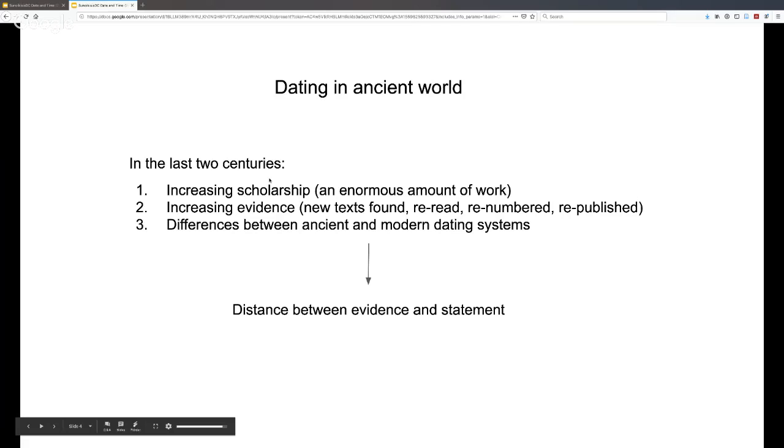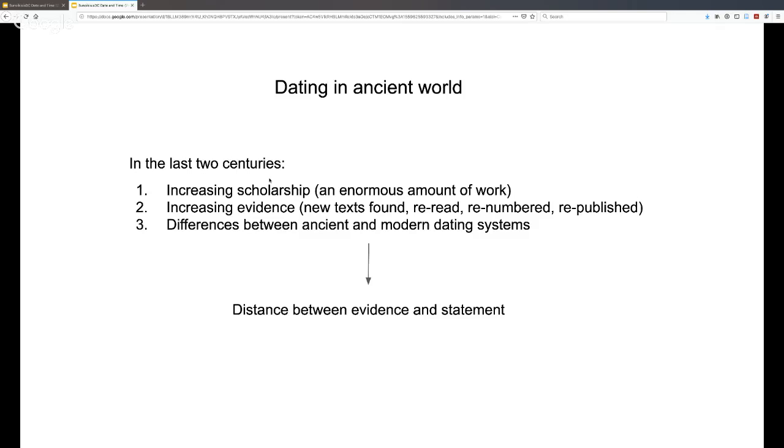And this is a difficult thing about this topic concerning dating and chronology in the ancient world, because we really have to combine evidence and scholarship, and many times in order to get a sense of what we have in our ancient sources, we have to read a lot of bibliography scattered in different books and papers.